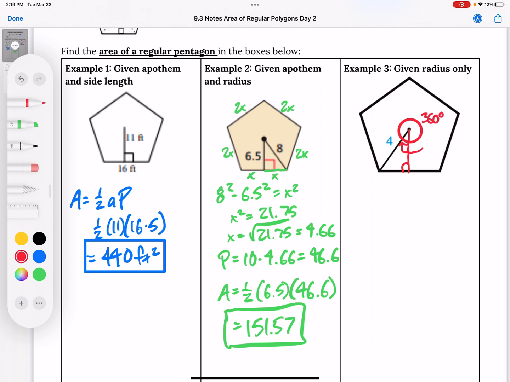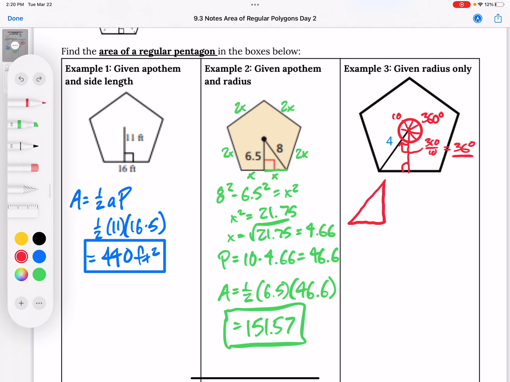So this little bit right here, I could divide this up into 10 triangles. 10 of these triangles. So this angle is 360 divided by 10, which is 36 degrees.